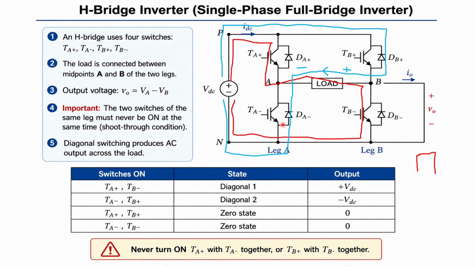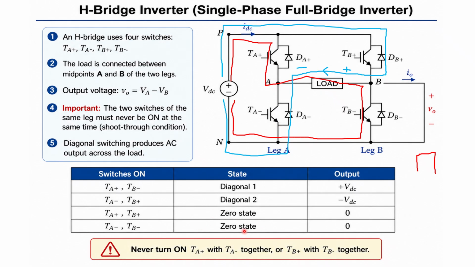If TA plus and TB plus, the switches of the upper leg, are turned on, then the output voltage is 0. If TA minus and TB minus are turned on, that will again give you a 0 output voltage. If two switches in the lower leg or the upper leg are turned on at a time, it will create a zero state.